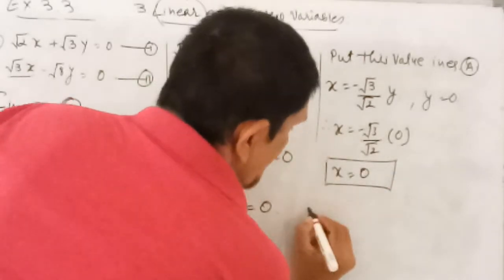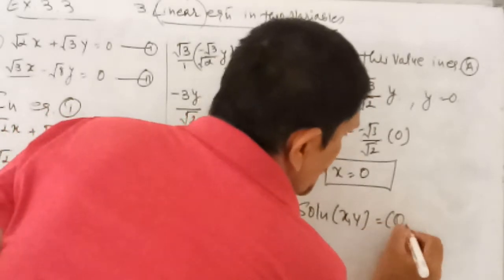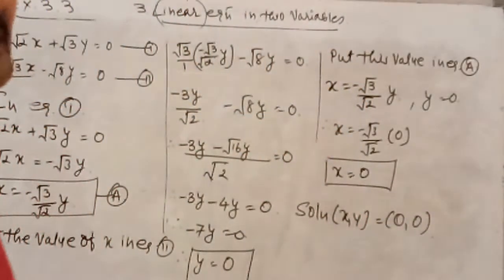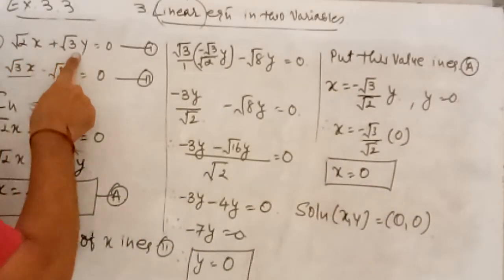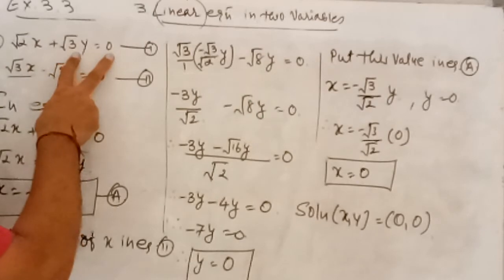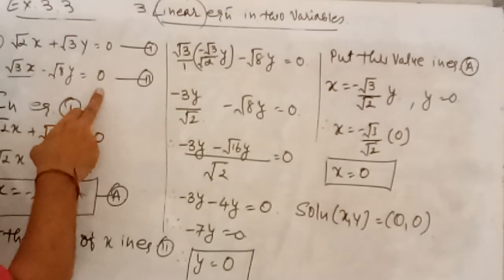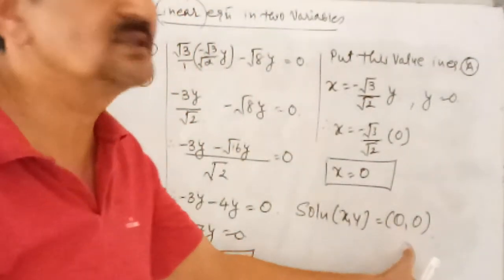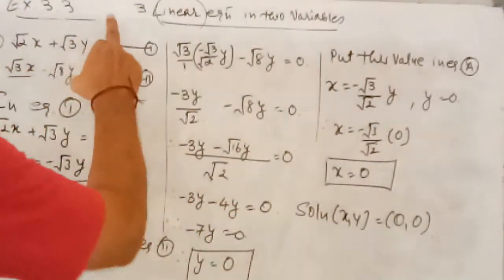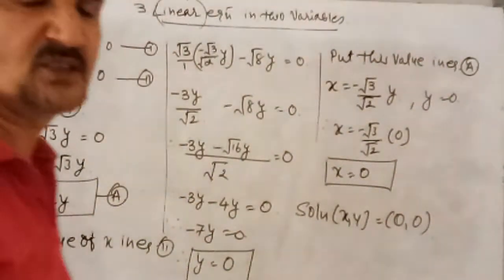So ultimately we can say solution x, y is equal to 0, 0. Earlier also I told you that if a1x plus b1y and no c1, second also no c1, then we can say these equations will pass through the origin, that is 0, 0. They intersect at 0, 0. Clear? So this is the method, we can say it is called the substitution method.